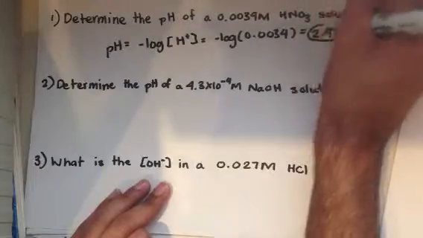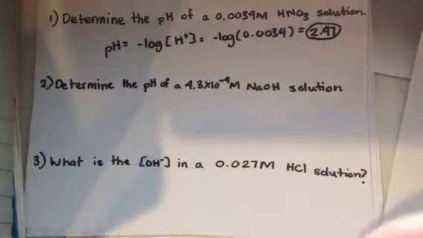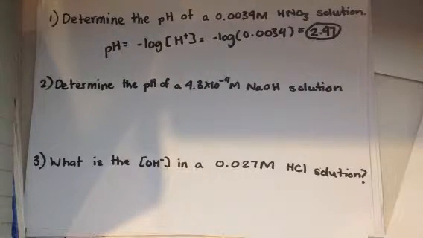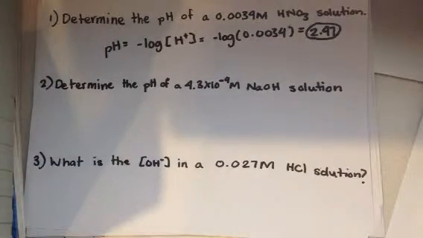Now, considering it was a strong acid, this makes sense since it's a fair bit away from the neutral pH of 7 in the acidic direction. Remember that acids are less than 7 and bases are greater than 7 when it comes to pH.